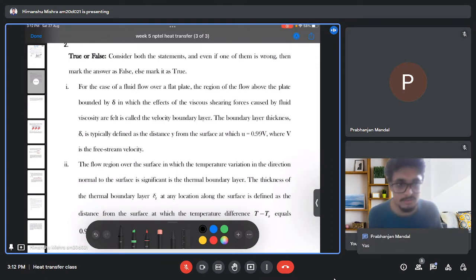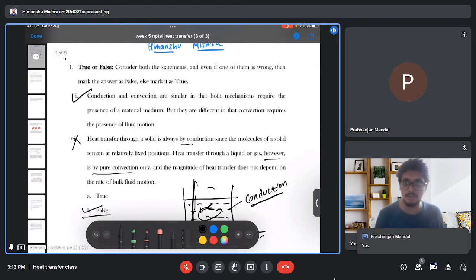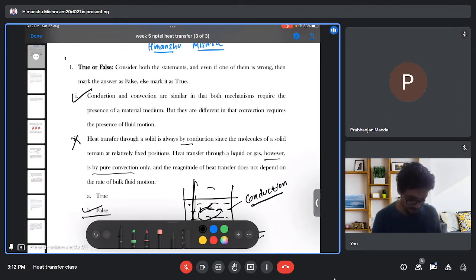I was discussing the first question, which is a true or false kind of question, where we need to identify the correct statement. One statement is that conduction and convection are similar in that both mechanisms require the presence of a material medium, but they are different in that convection requires the presence of fluid motion.